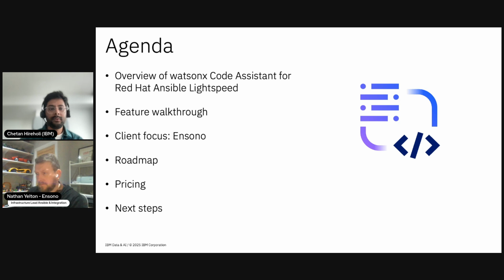Coming back to the roadmap of WCA, I'll go over the pricing structure for the WCA for Ansible product and some of the next steps on how you can use the product and evaluate the product yourself.